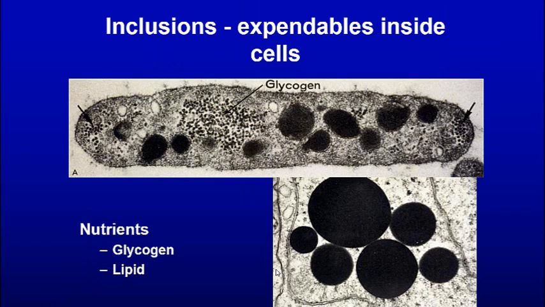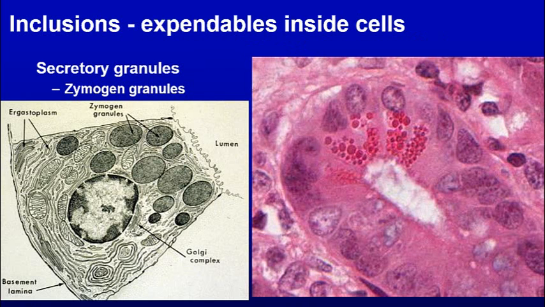The final component are inclusions. They're expendable inside the cell, need not be there for the cell to live, but very important for the cell function. And one of those, we see glycogen in this platelet, or you see lipid droplets here. Those are examples of nutrients, which are one of the three types of inclusions.